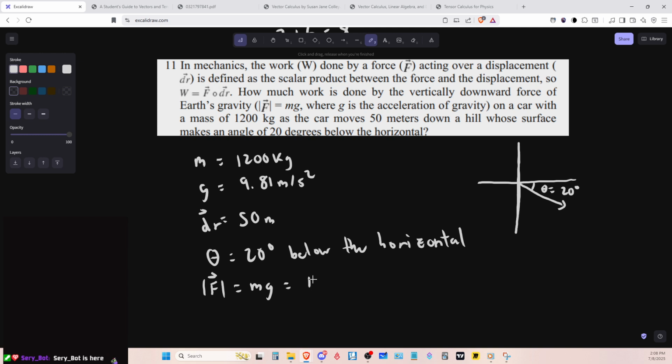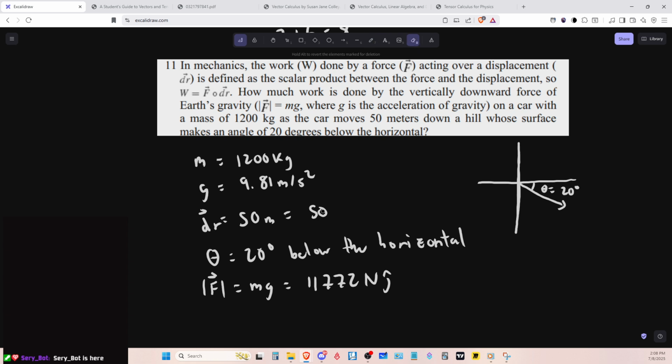So the force on this is in newtons, and we'll put that in the j direction, just to make it more convenient. And the displacement is going to be 50 meters.